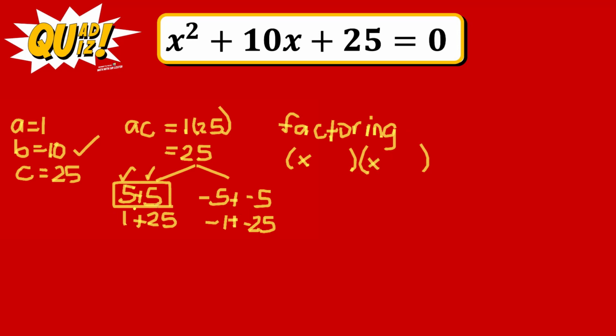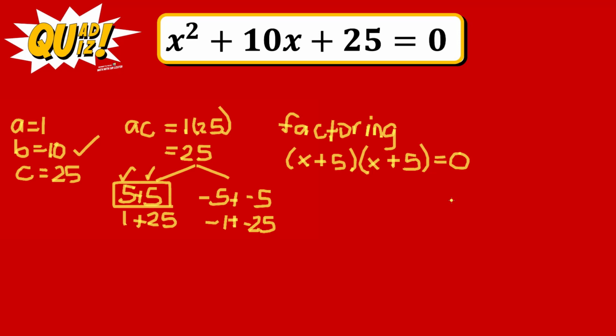And pair or add those coefficients that will result to 25 when multiplied and 10 when added. That's positive 5 and positive 5. So these are now the factors rather of this given quadratic trinomial. And since we're looking for roots, we are going to make it equal to 0.